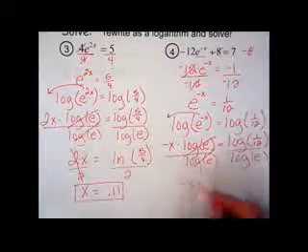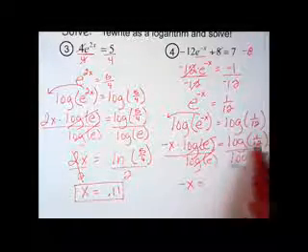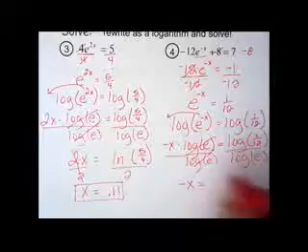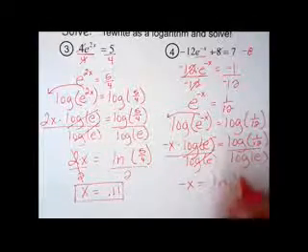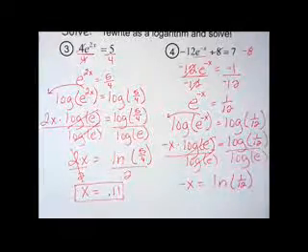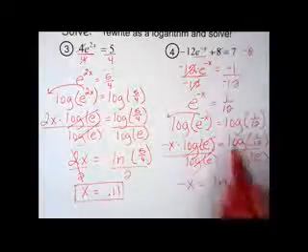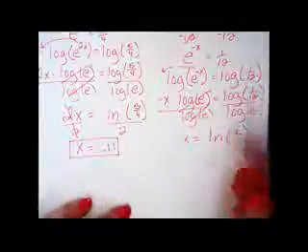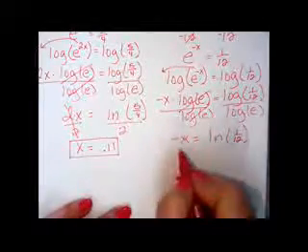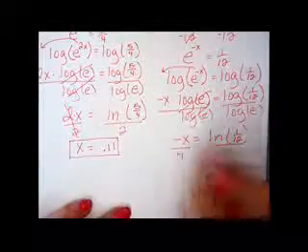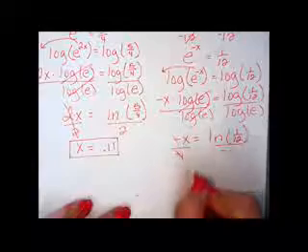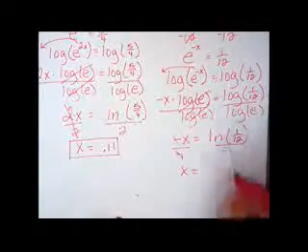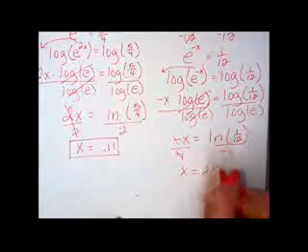So you have negative x equals, now, again, this is log base e of 1/12. That is the same thing as ln of 1/12. Log base e of 1/12 is the same thing as ln. That's the natural log. So all I have left to do now is divide both sides by negative 1 and then calculate ln of 1/12 divided by negative 1, and you get 2.48.